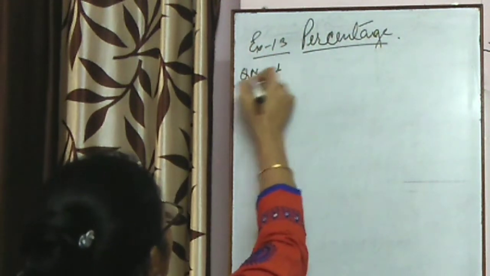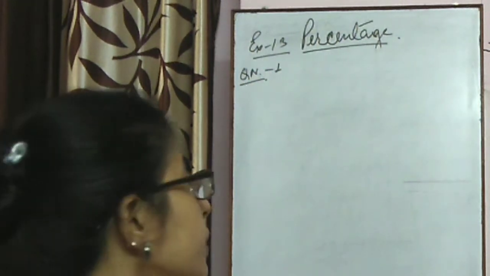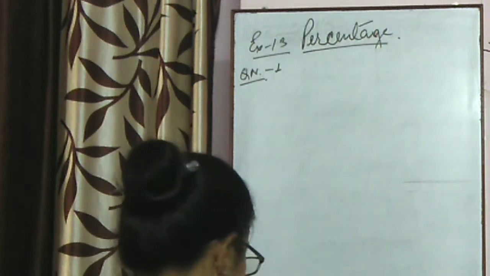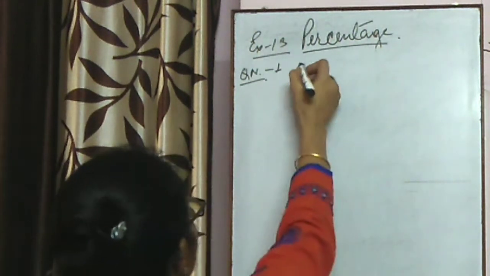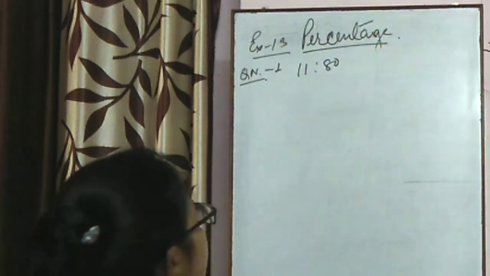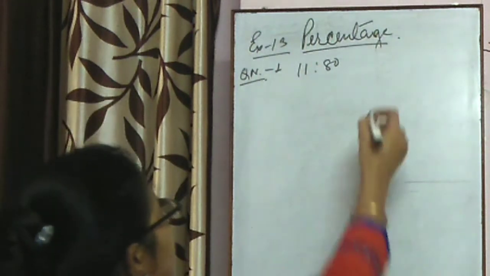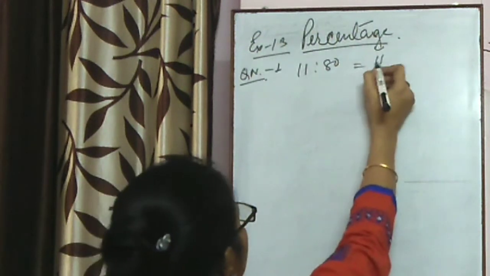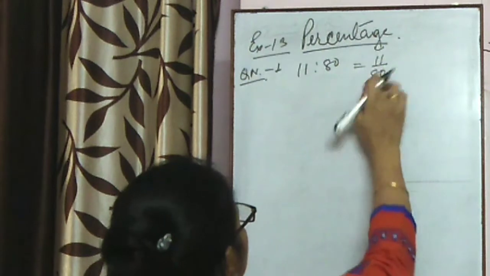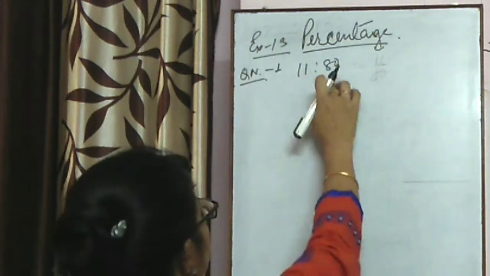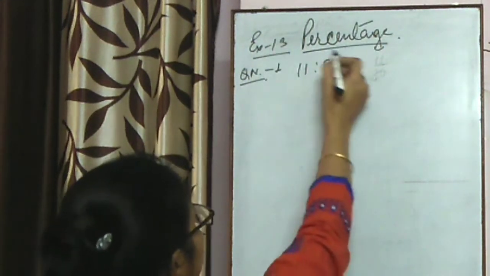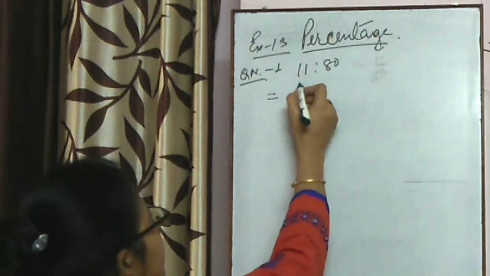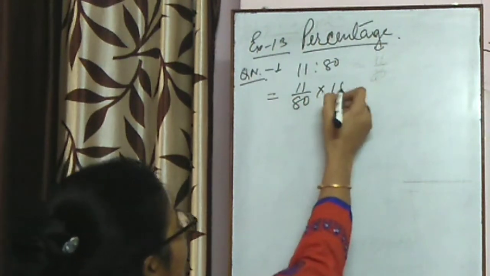Question number 1, it is exercise 13. It's given a ratio, you need to convert it into percentage. 11:80. So what shall I do? The common method is what? This number 11/80, just after writing the question, you can't make it equal to 100.